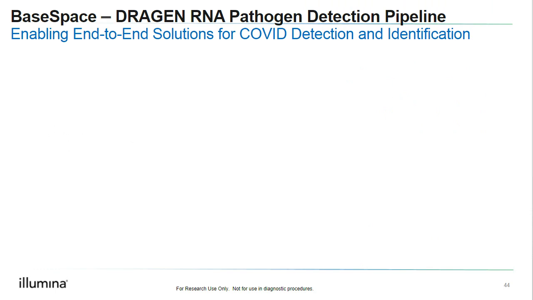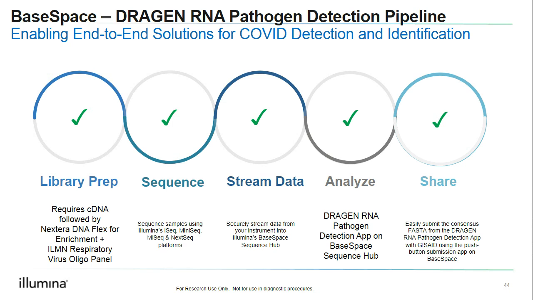The DRAGEN RNA pathogen detection is one of our SARS-CoV-2 data analysis toolkit that provides an end-to-end solution for COVID detection and identification. These pipelines are built on top of our DRAGEN RNA pathogen detection app on BaseSpace Sequence Hub.